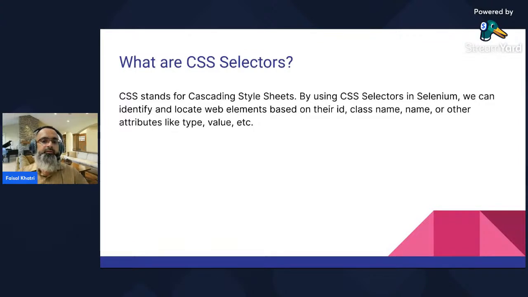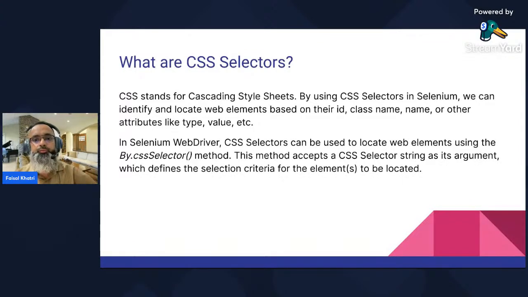In Selenium WebDriver, CSS selectors can be used to locate web elements using the By.cssSelector method. This method is available in the By class of Selenium WebDriver, and it accepts the CSS selector as a string argument.